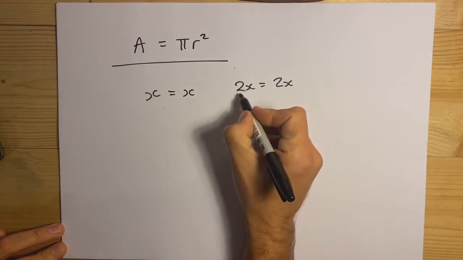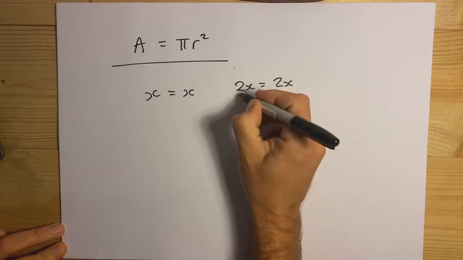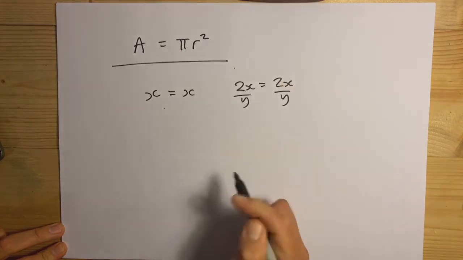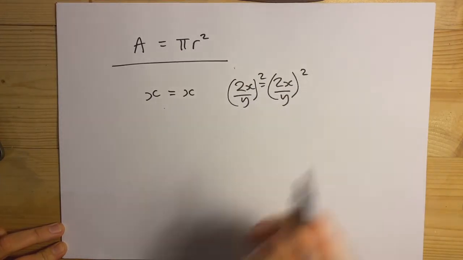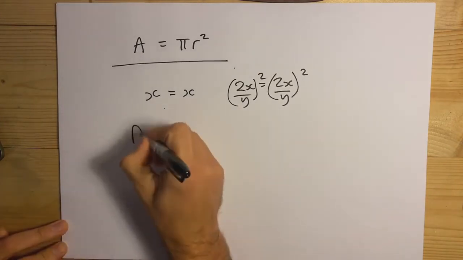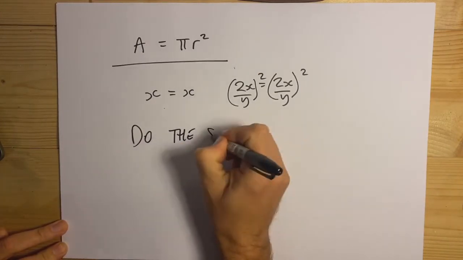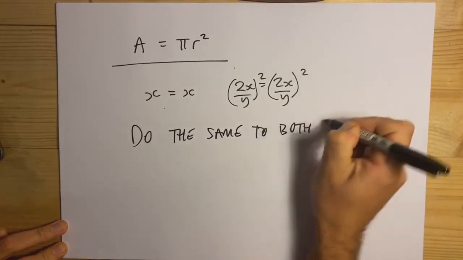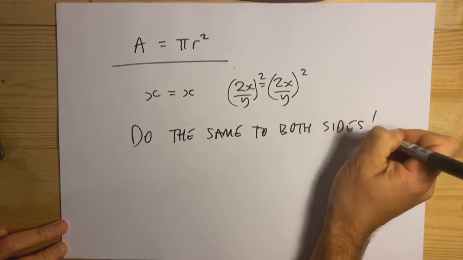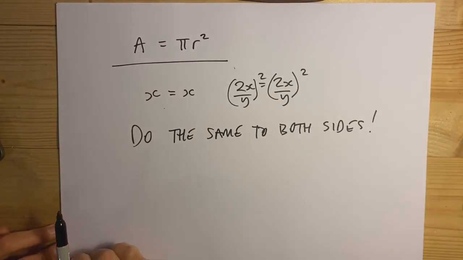If we want to divide this side by y, then we have to divide that side by y. And if we want to square this side, then we also have to square that side. So just do the same to both sides. That is our number one rule.